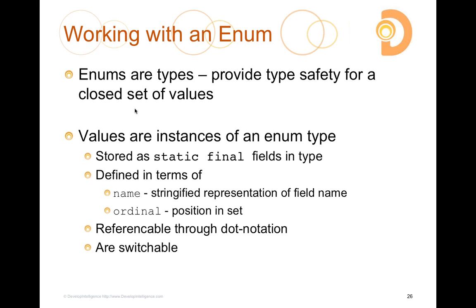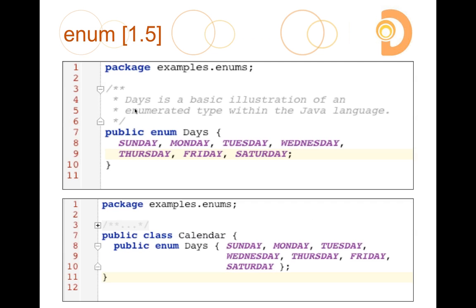The other reason they were created as a first-class citizen, or a well-formed type, is the fact that first-class citizen types in Java have the ability to store not only data but also behaviors.